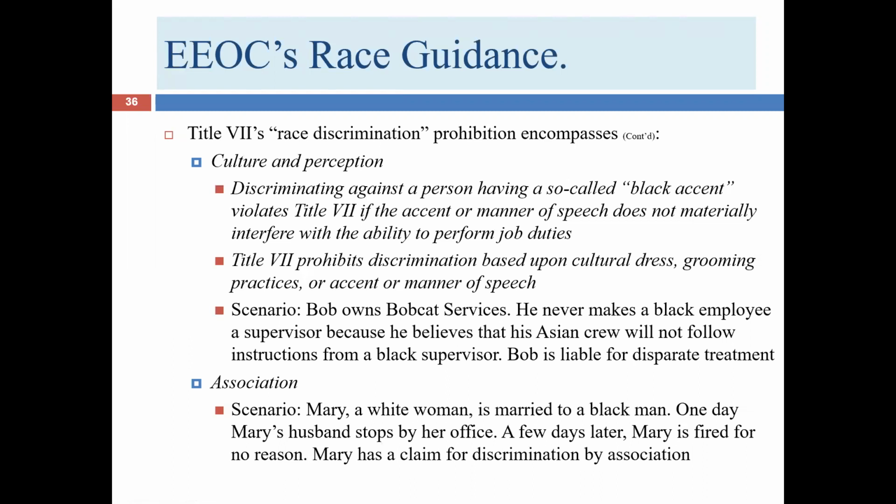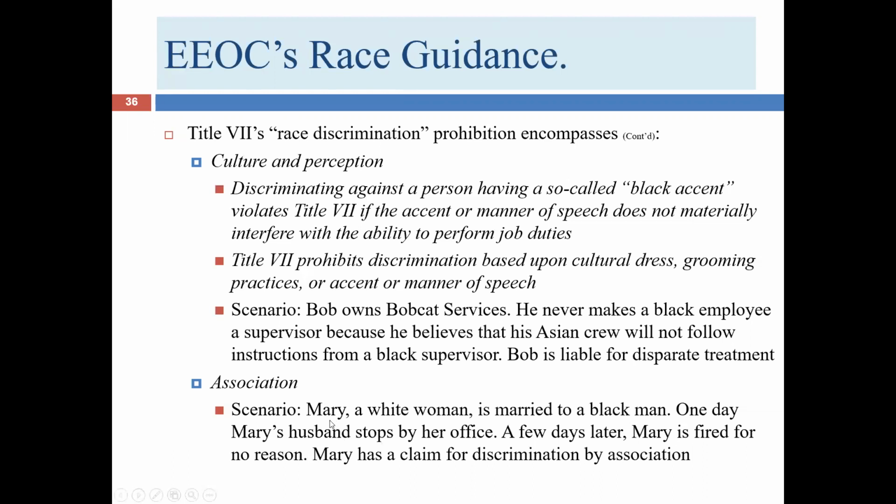So let's say you are Caucasian, but you attend a largely African American church. Or perhaps you attended an historically African American college, even though you're white. And let's say you're discriminated on that basis in the employment context. That would be a racial discrimination by association.